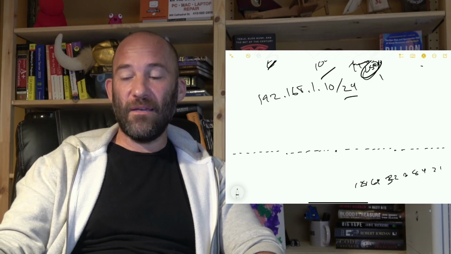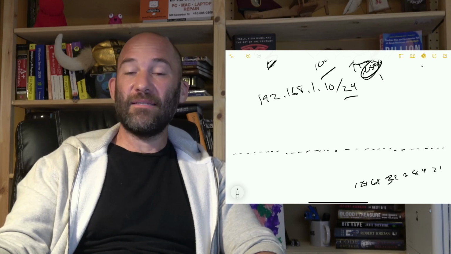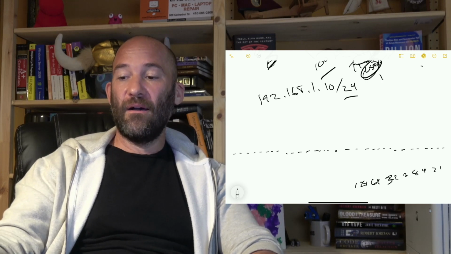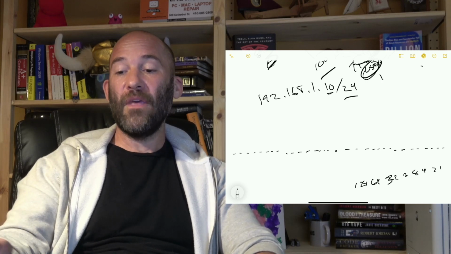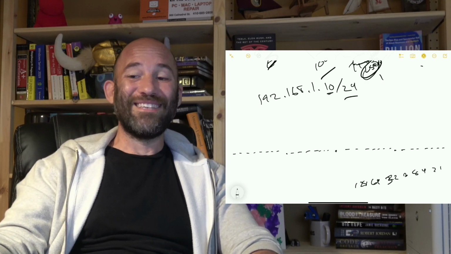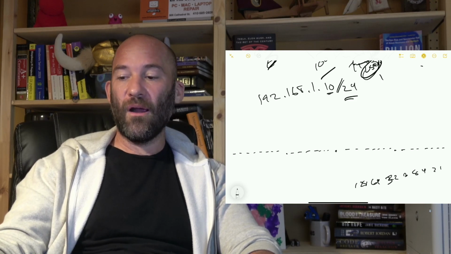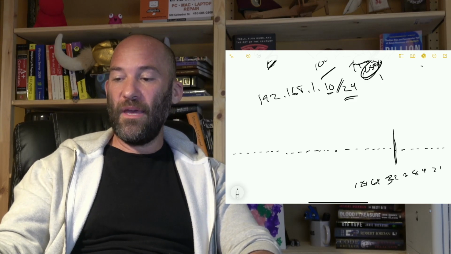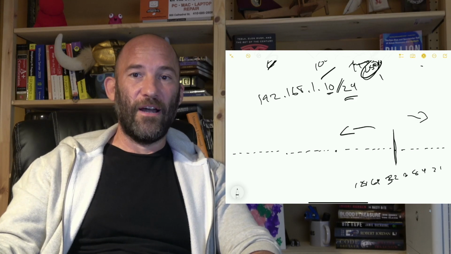And so what this means is we use the first 24 bits as the subnet mask, and then the final 8, that's what's actually used for the computer identifier, right? So currently we have 192.168.1.x, and we've got /24, and so this is the network identifier, and this is the computer identifier.